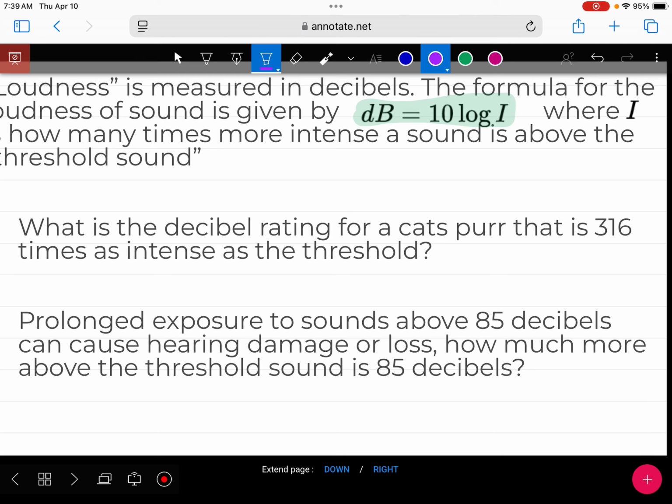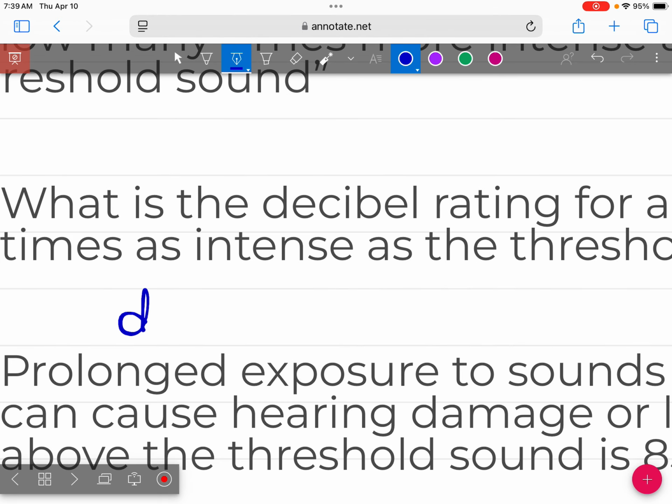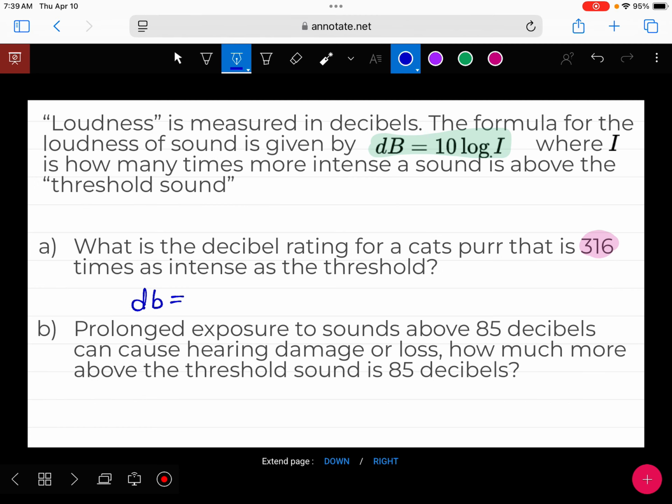dB, decibels, is one unit, one variable there. What is the 316 going to go in place of? The I. So to get the decibels, we're going to have 10 times log of 316.